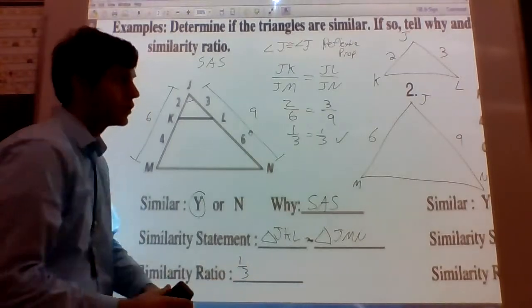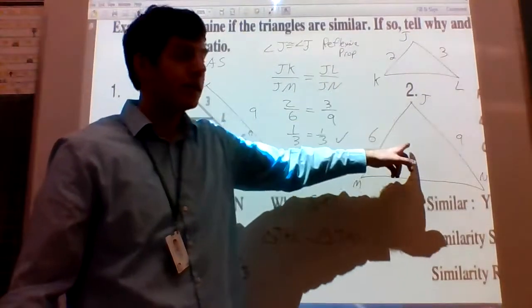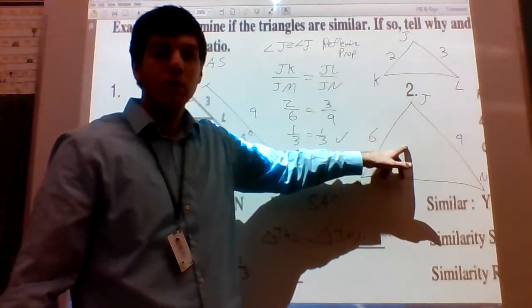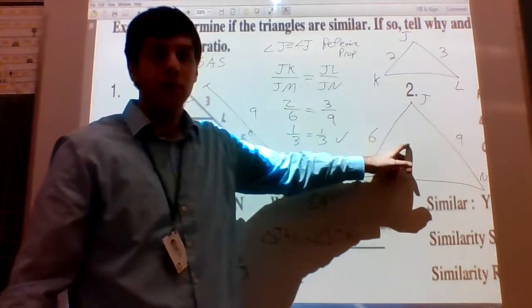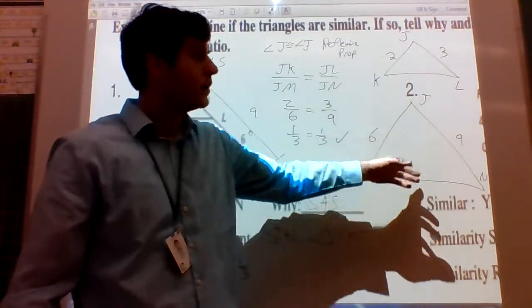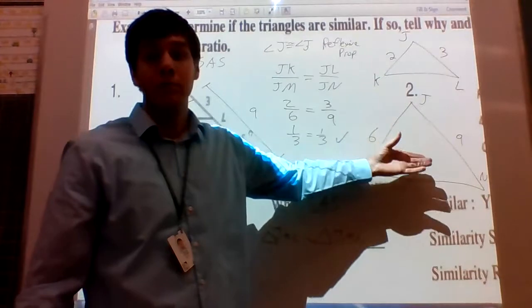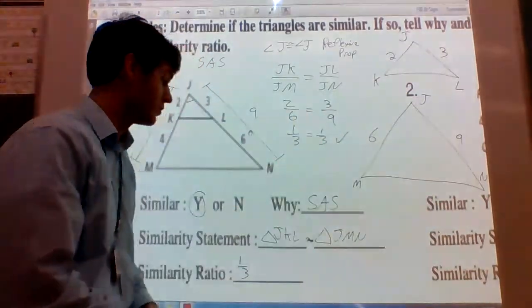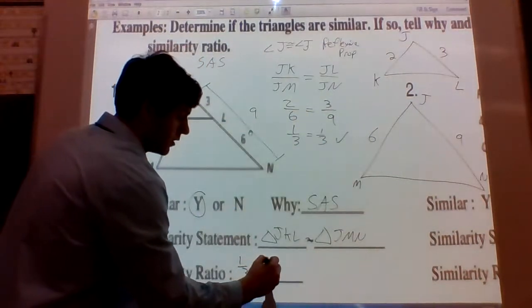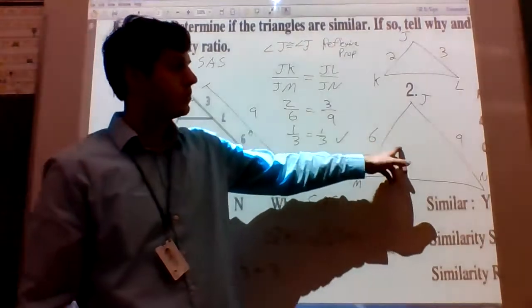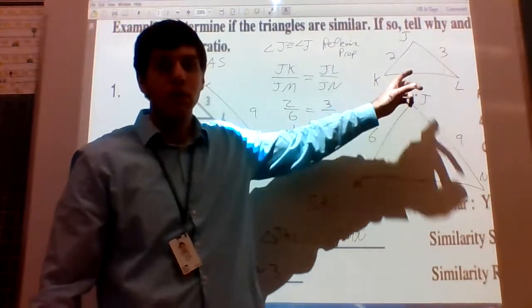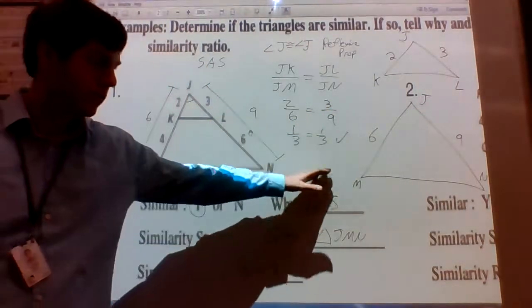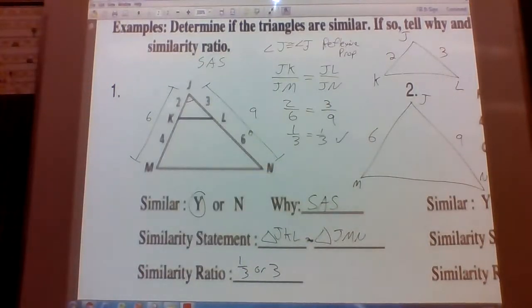This first triangle is 1/3 the size of the big triangle. Or we could say the big triangle is 3 times bigger than the small triangle. So we could put 1/3 or 3. The small one is 1/3 the size of the large one. That's where our ratio comes from.